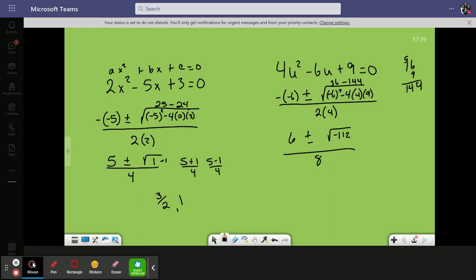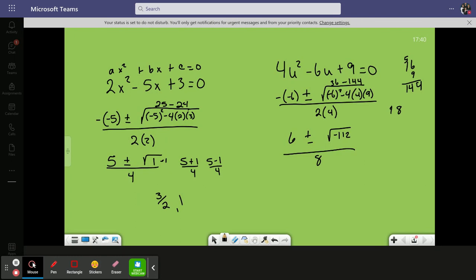Okay, I am looking for a square number that will go into 112. Can I get 4 out of there? That would give me, 11 would be 8, that would give me an 18.